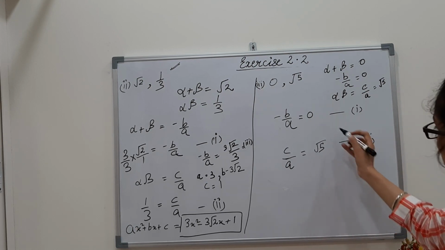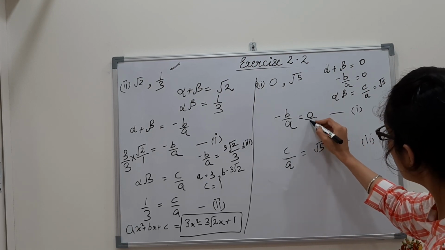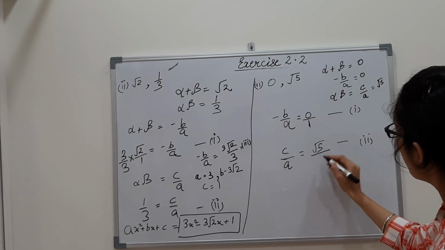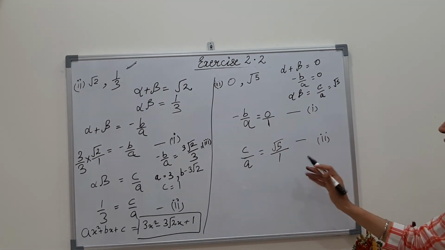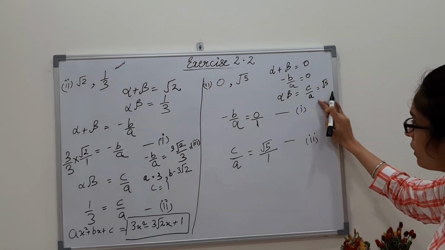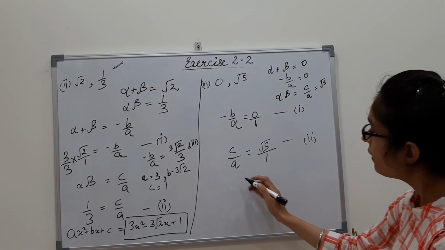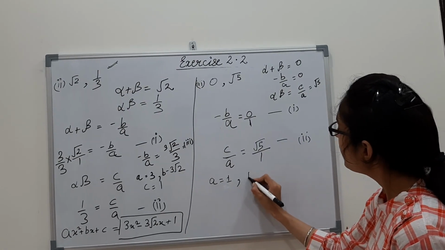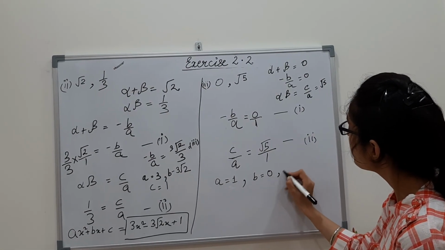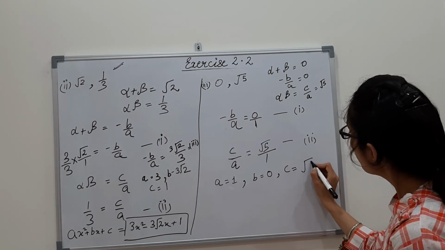So this is very easy. So I'll just write over 1 here and 1, because if nothing is written, that means 1 is there. From equations 1 and 2, I can conclude your a is equal to 1, b is equal to 0, and c is equal to root 5.